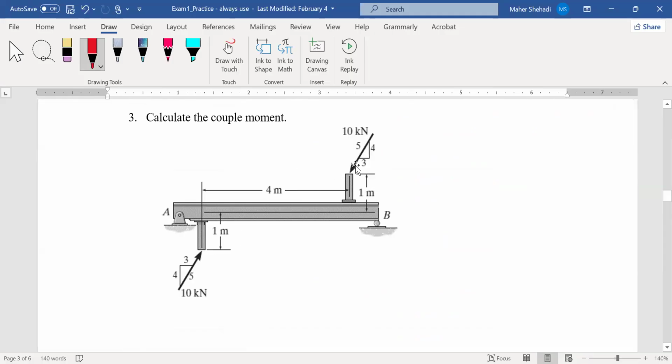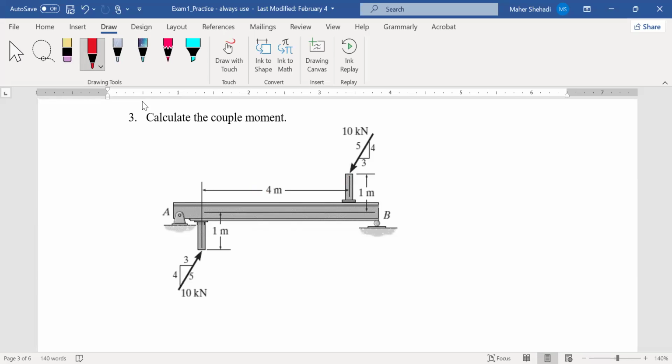But if you try to find a couple created by those two, you need to either find the line of action and then try to find the perpendicular distance. Remember, the couple is force times perpendicular distance. This is very close to what we did in the homework.